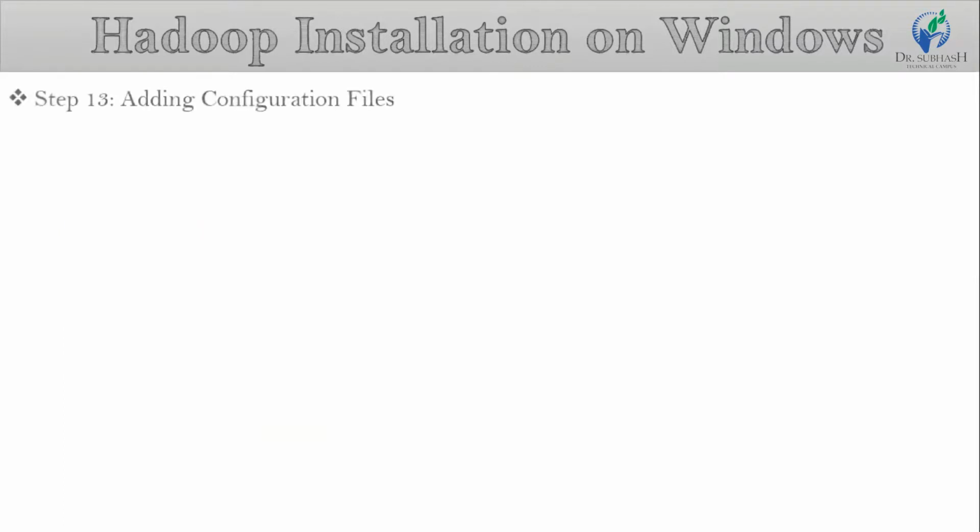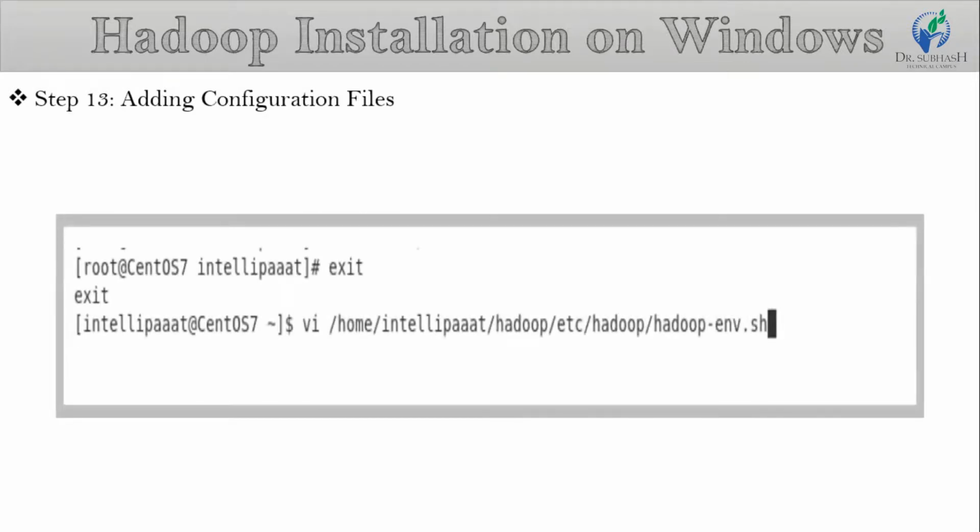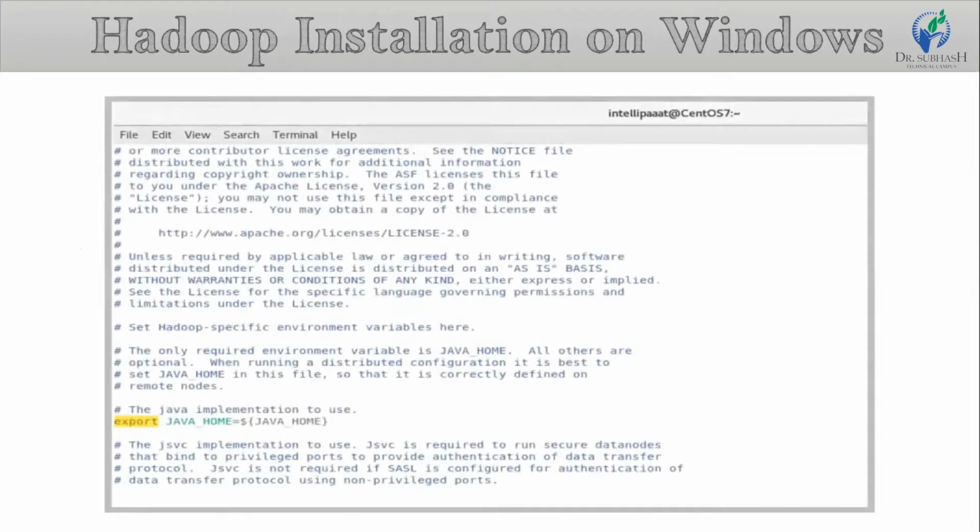Now, step number 13 is adding the configuration file. For that, open hadoop-env.sh with the VI editor using the command shown in the image. Now, replace this path with the Java path to tell Hadoop which path you use.